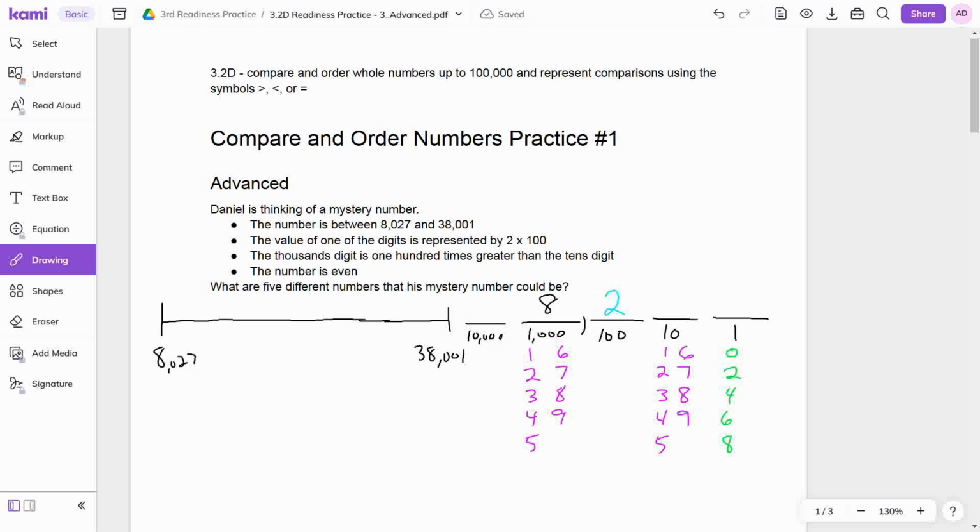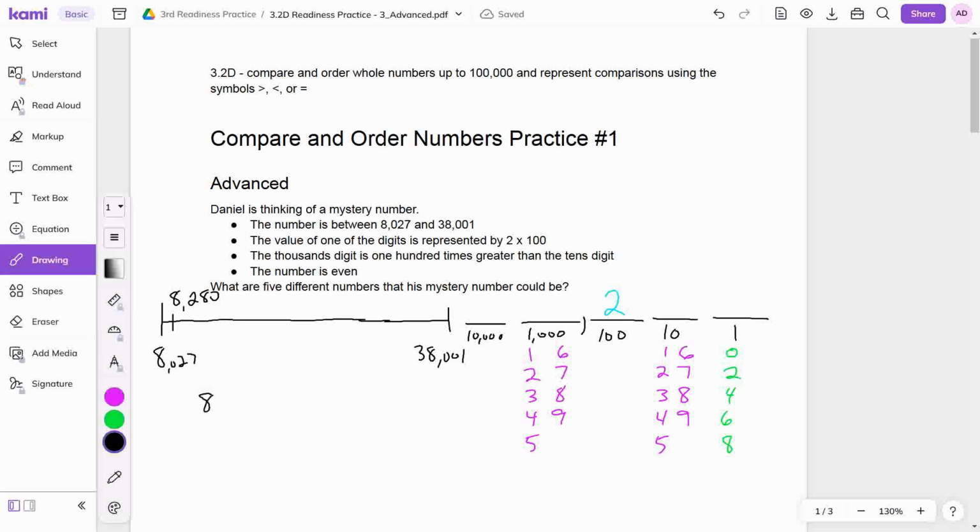If I have an 8 in the thousands place, I need an 8 in the tens place, and then my lowest number could be that. So I could choose 8,280. I'm going to put that right there, and I'm going to list that as one of my options, and I'll just list it underneath here. I only need 5.